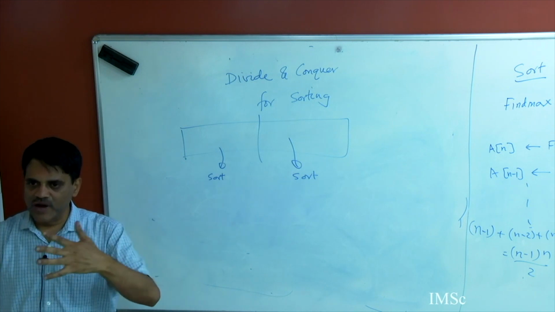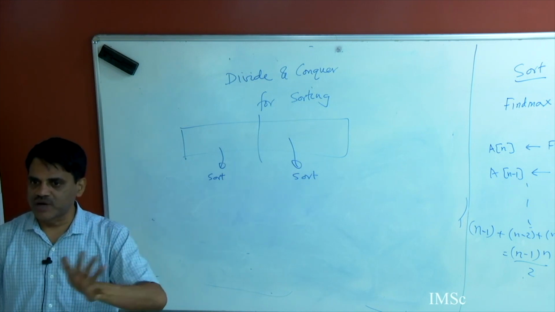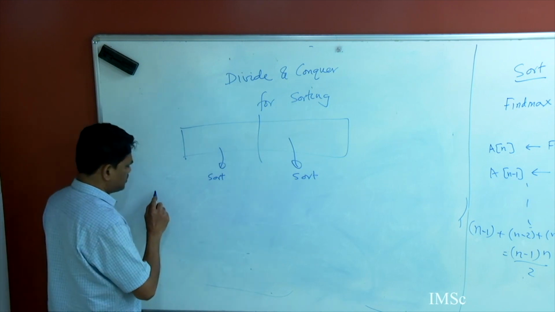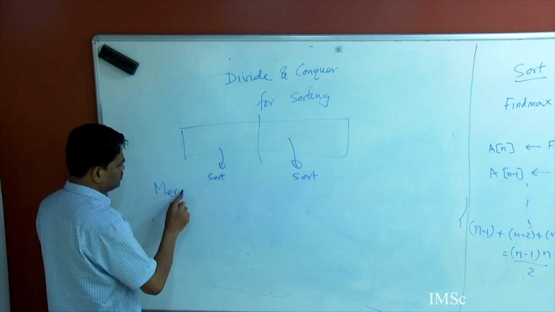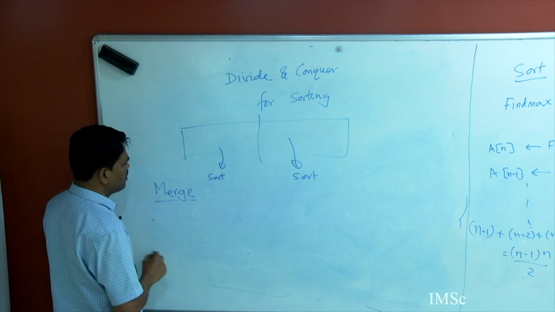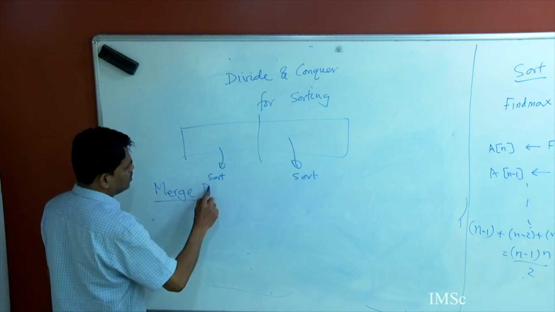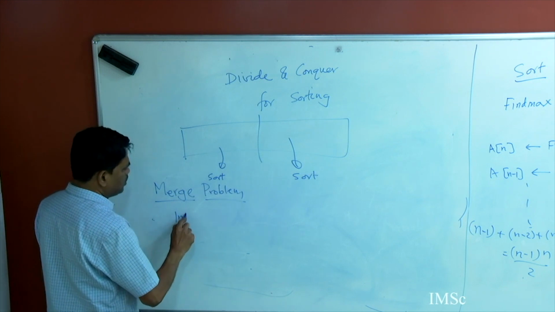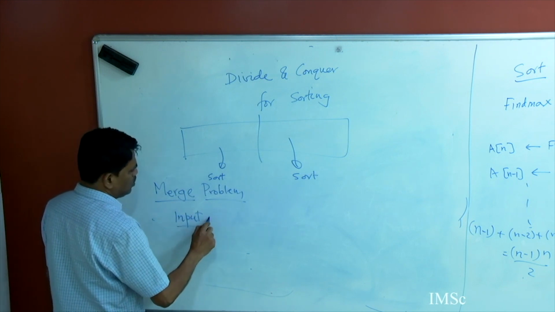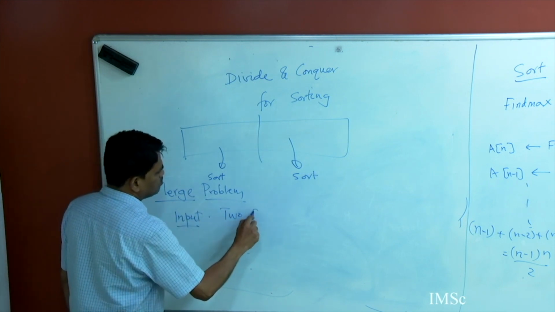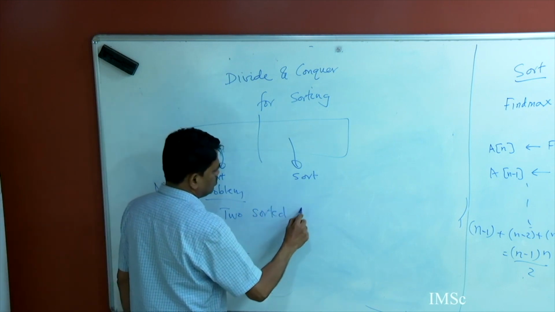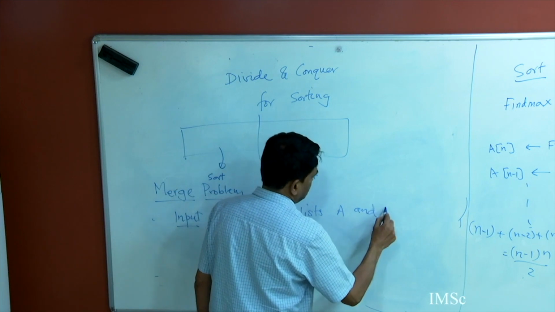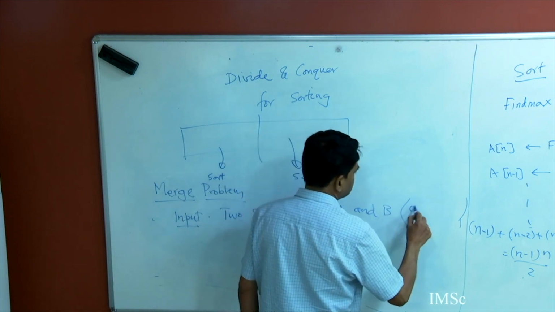Yeah, you have to compare these two things and do something, right? So that is called merge. So what is a merge problem? It has input two sorted lists. Let's say A and B. For now, let's say each of size n.